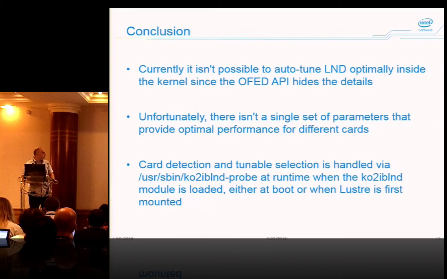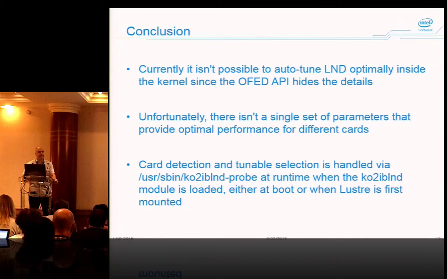And at the end of my presentation, I would like to say a few words about the conclusion, what you should care about. Currently it isn't possible to auto-tune LND inside the kernel. As I mentioned, the OFED API hides the details.